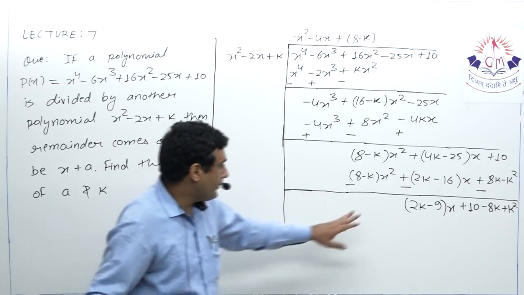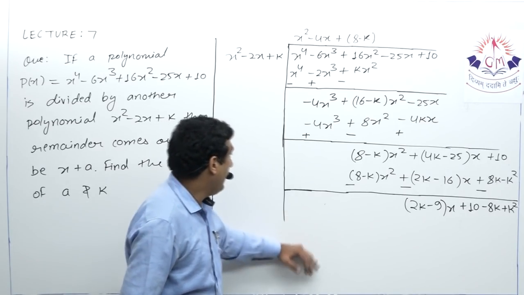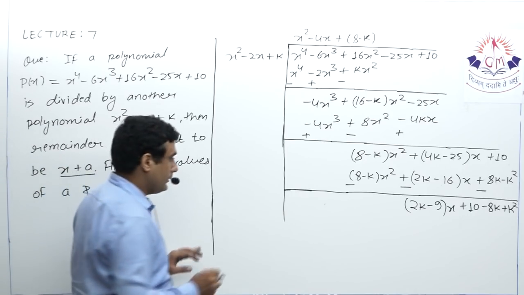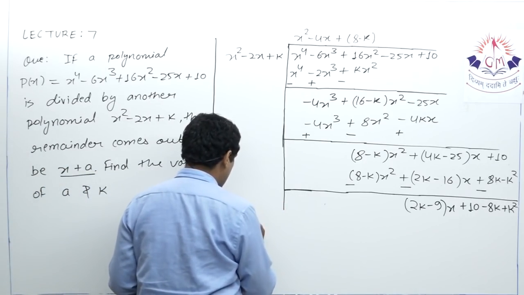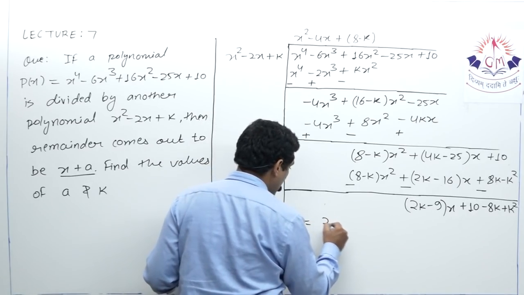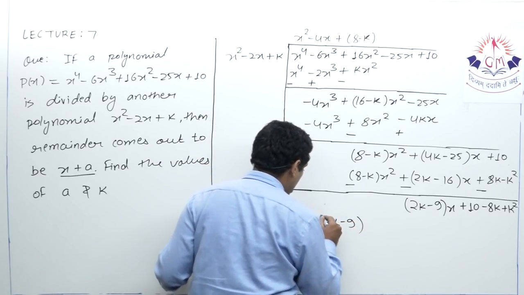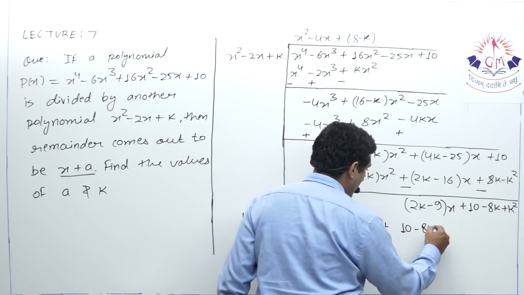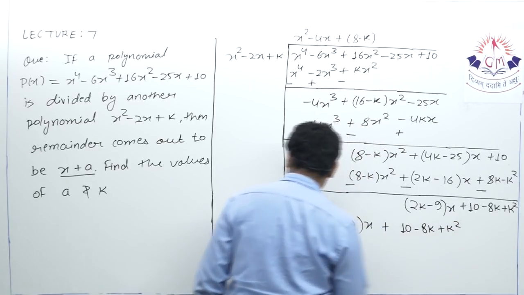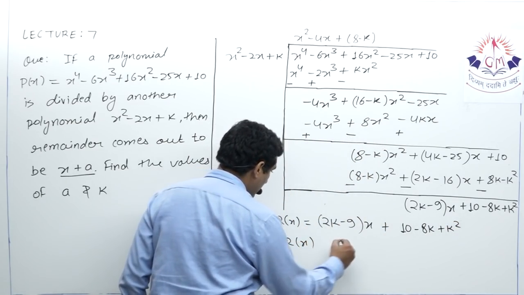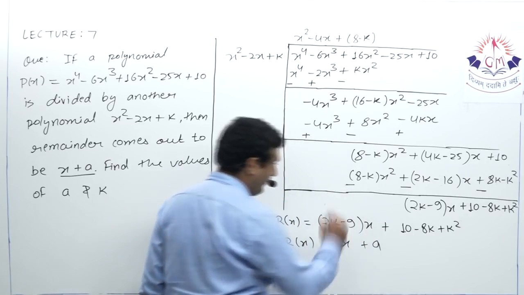So this is the remainder that we obtain, and this is the remainder that is given in the question. The remainder is 2k minus 9 x plus 10 minus 8k plus k square, but the remainder is x plus a.